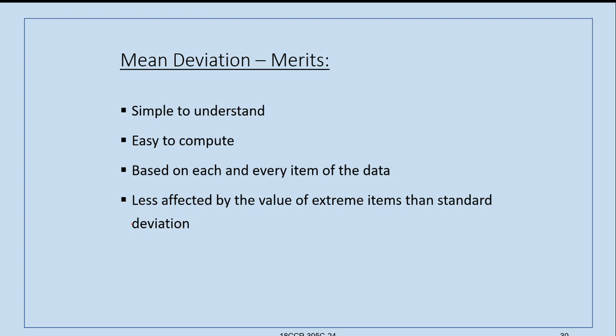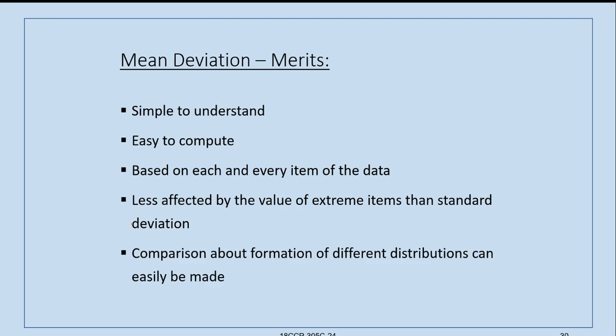Hence, it is less affected by the value of extreme items. Even if it has extreme items, that is abnormal values compared to other values, the calculation is not so much affected.